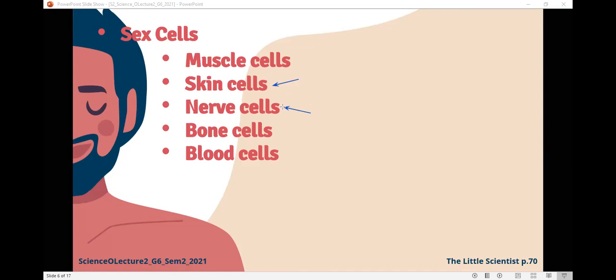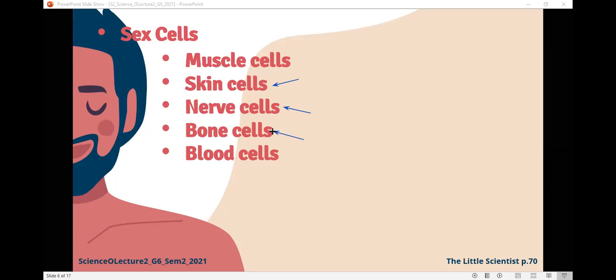Perfect. Nerve cells receive signals from my brain. Now you are listening to me and understanding and reading what I'm writing using your nerve cells. All signals and messages are transmitted by the nerve cells.